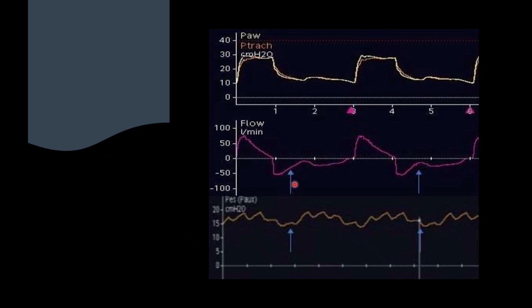So this is basically a failed trigger or wasted effort, otherwise known as the ineffective triggering. So this effort is not detected by the mechanical ventilator, and there is no breath following this trigger. So basically this trigger is missed by the ventilator. Okay, and this is a common type of patient ventilator asynchrony.